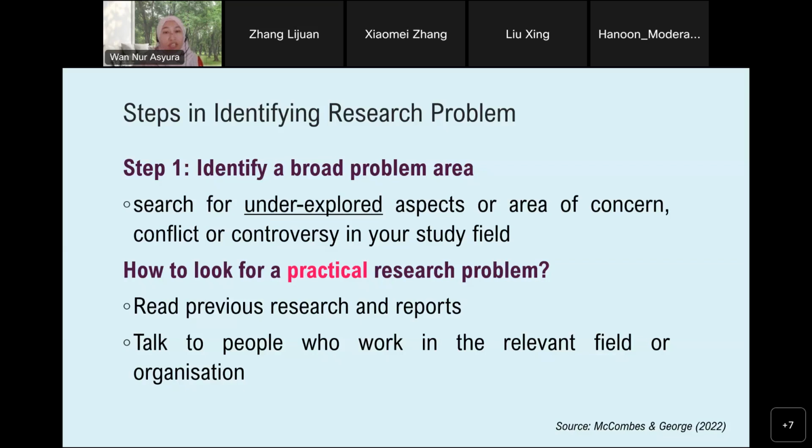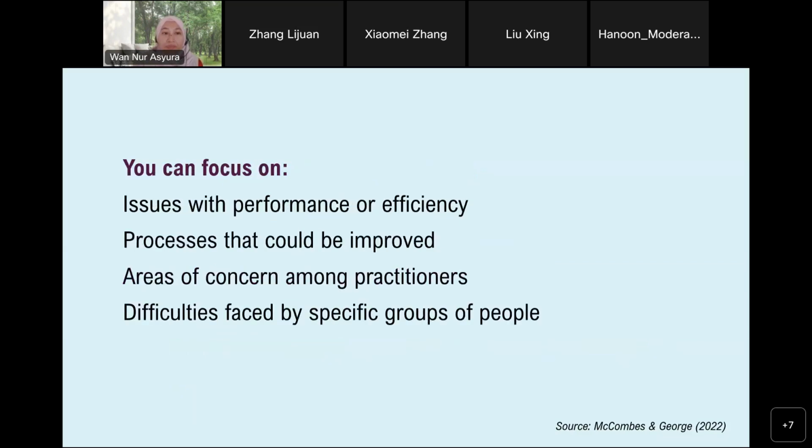So again, to get an idea, it does not necessarily come from books, reports, and previous research. To find a recent research problem, you can talk to people who are in the industry or in the field.